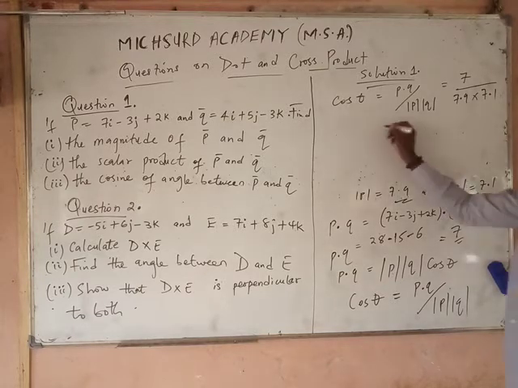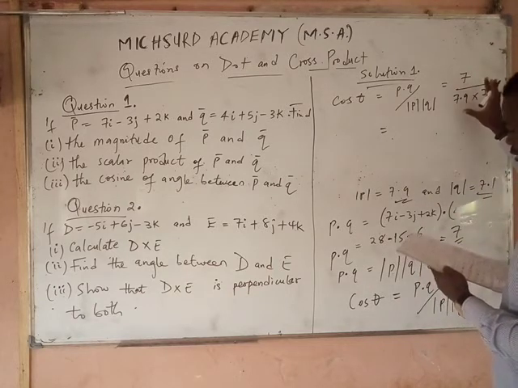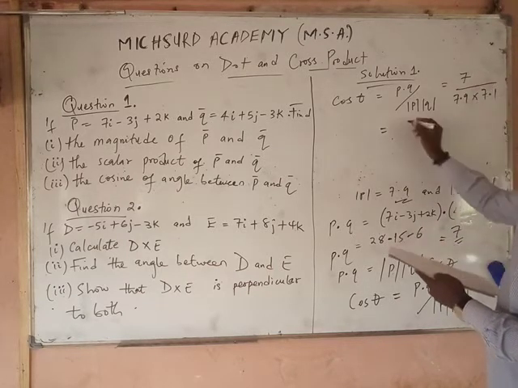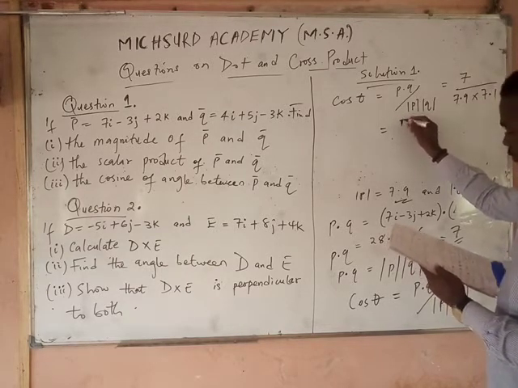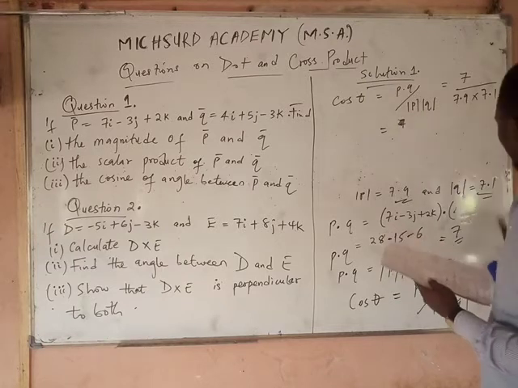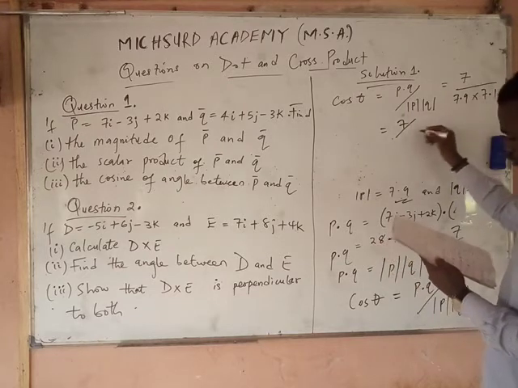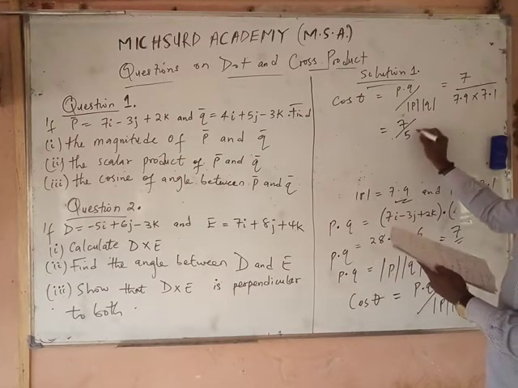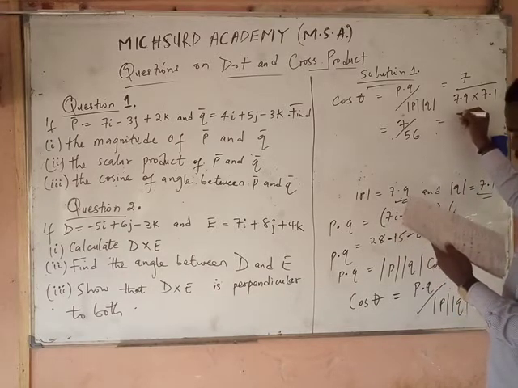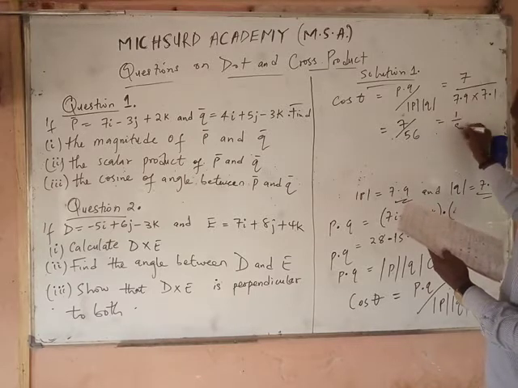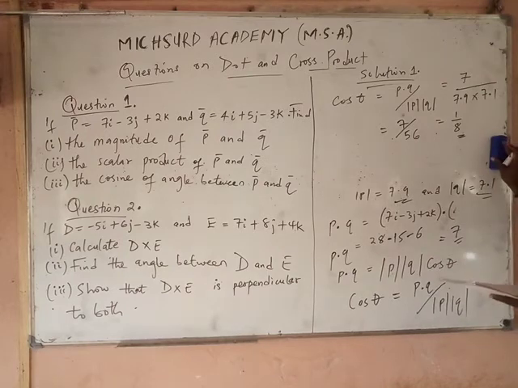So now if you punch your calculator and solve the whole of this, we have 7 all over, when you multiply these two, we have 56, which is equal to 1 all over 8. Therefore our result is 1 all over 8.